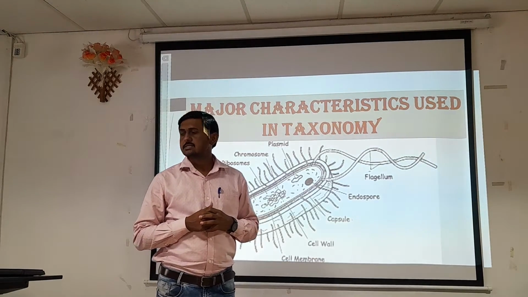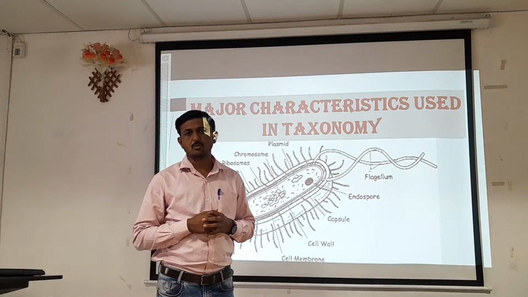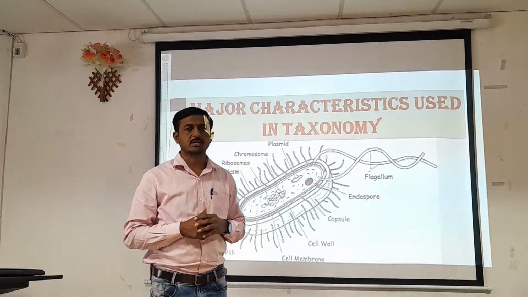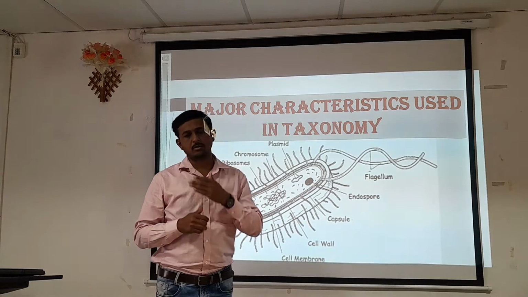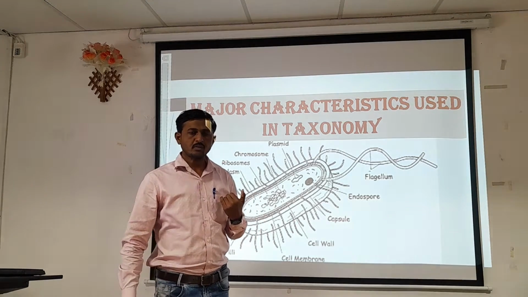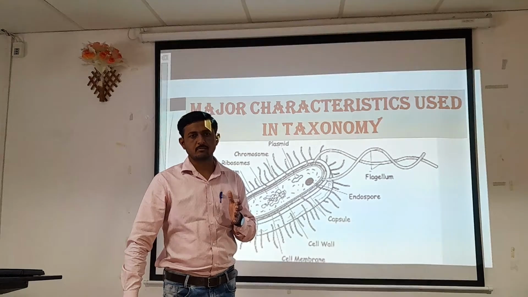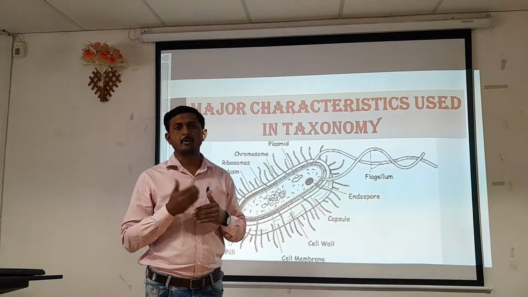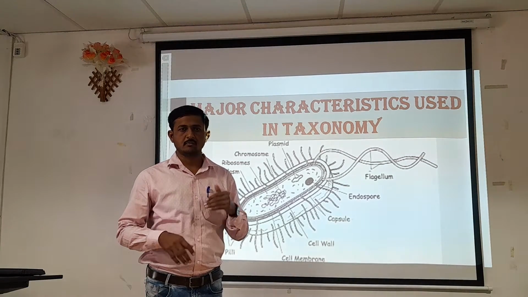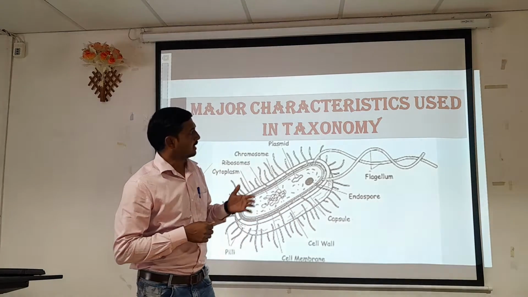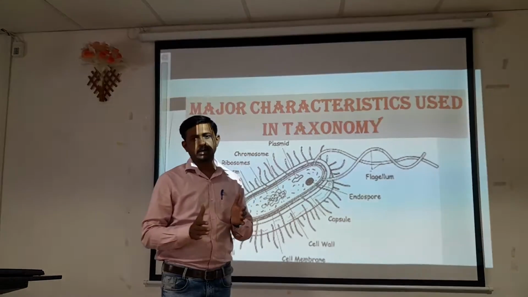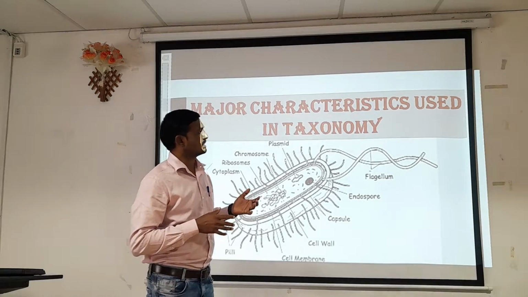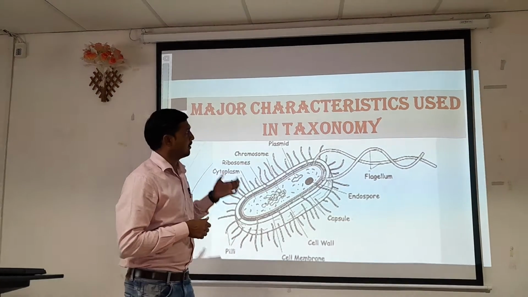Another approach to classification or taxonomy is the micromolecular approach, in which we discuss the major characteristics, including morphological, cultural, and biochemical characteristics of microorganisms, so that on the basis of their genotypic and phenotypic characteristics we can identify and name that particular organism, and group it into a specific domain, kingdom, or classification system. So in this lecture we will discuss the major characteristics.